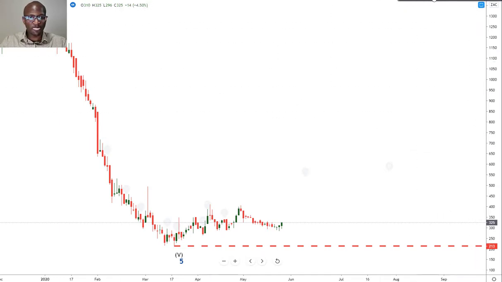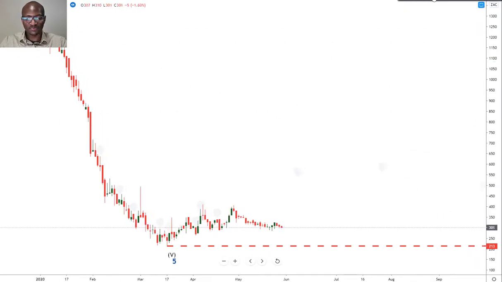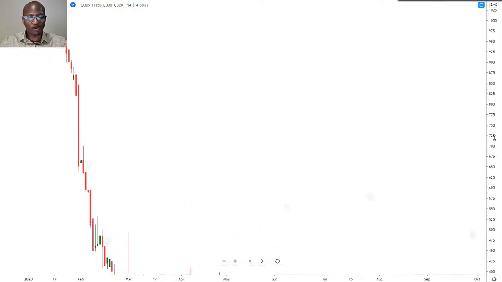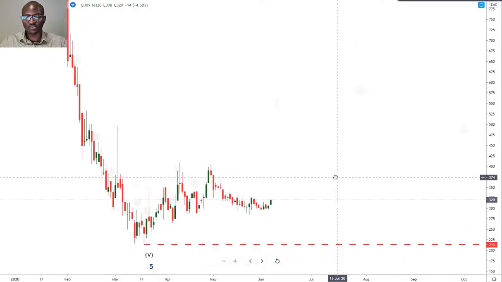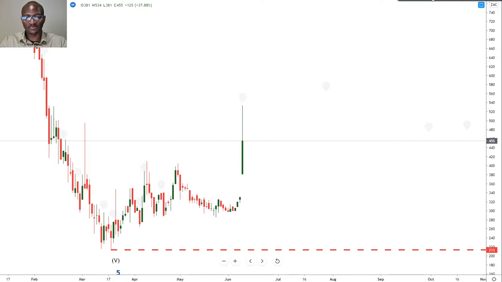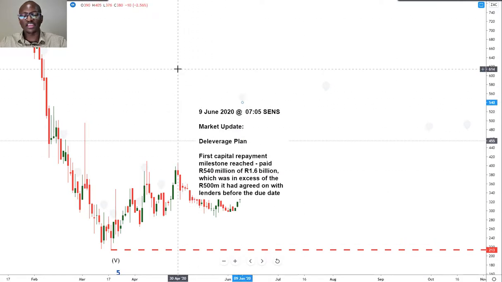What we see going forward, there was a very, very positive announcement which came early June, which was very well received by the market. And on the 9th of June, there was a market update around the deleveraging plan.